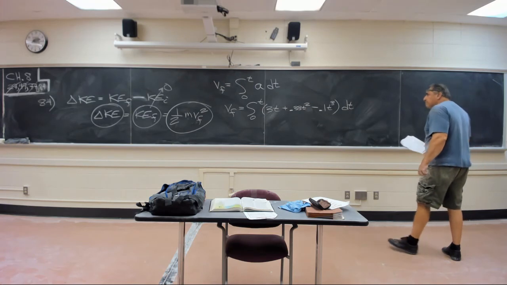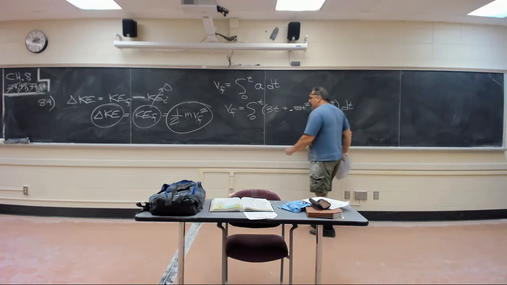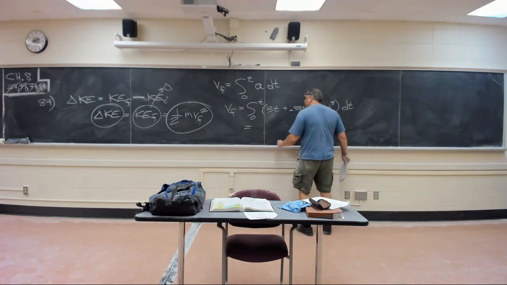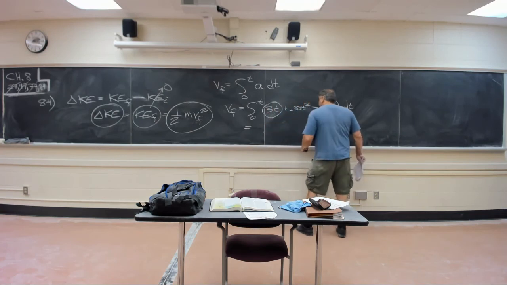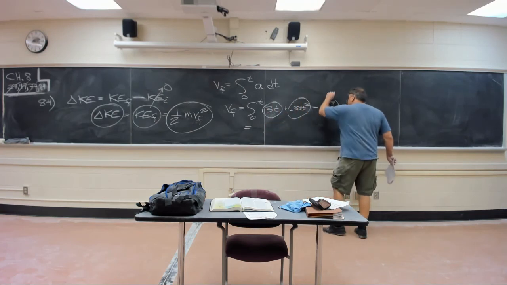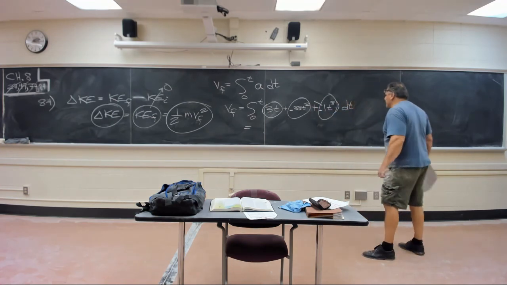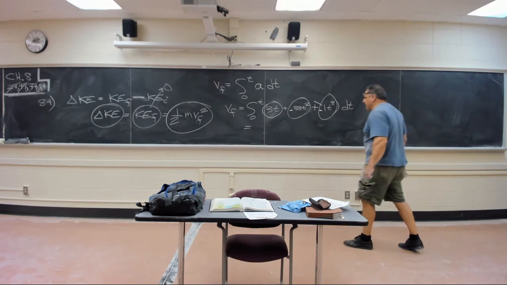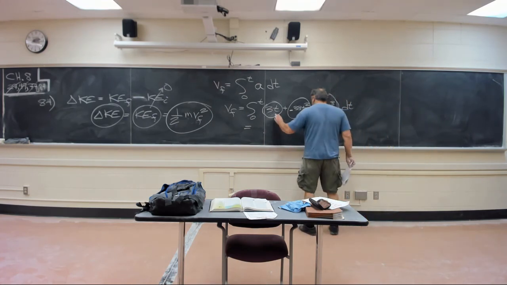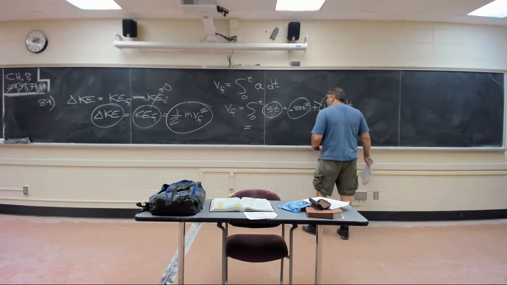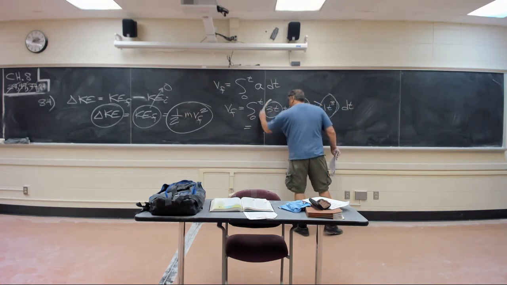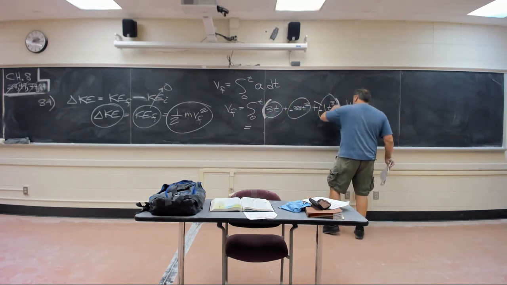Let's integrate. Part by part. The sum of the integral is the integral of the sums. This is plus a negative. Minus 0.1 t cubed is plus a negative 0.1 t cubed. Integrate them individually, like you were doing individual integrals. The integral of a sum is the sum of the integrals.